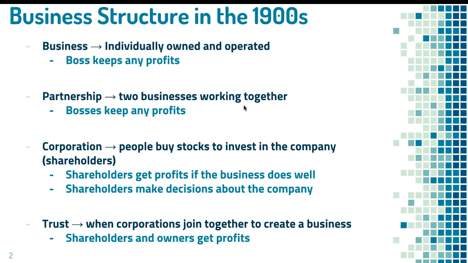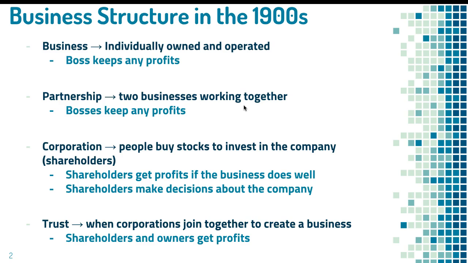We take that money you invested in us, spend it, and run our business. Any profits we make are shared with you, the shareholders, based on how much money you've given the company. That's a corporation, okay? This is going to come into play. These stocks are going to come into play in the 1900s and 1920s. It's going to be a big deal with the stock market crash.